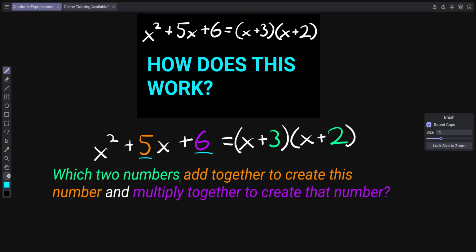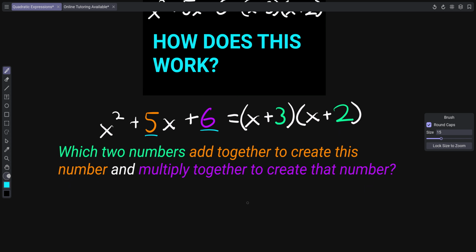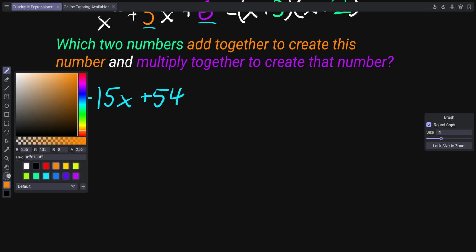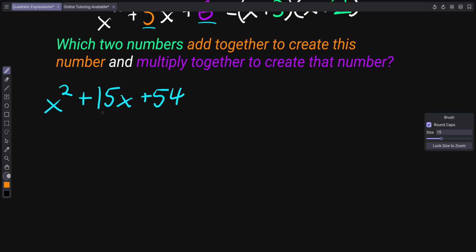So if you're still a bit confused, I'm going to give you another example. Let's say we had another quadratic expression like x squared plus 15x plus 54. Now we ask ourselves, what two numbers can we find that add to create 15 and multiply to create 54?